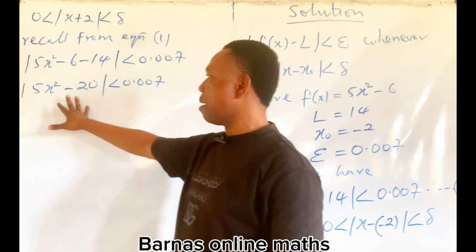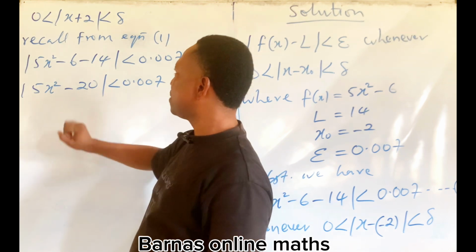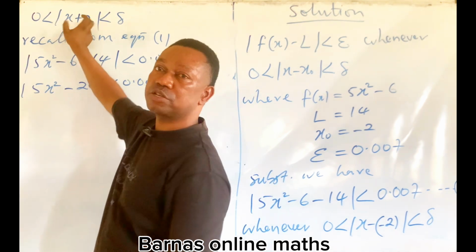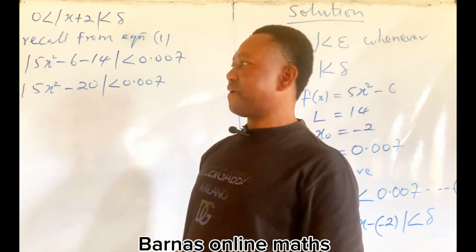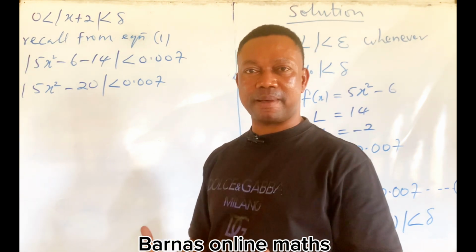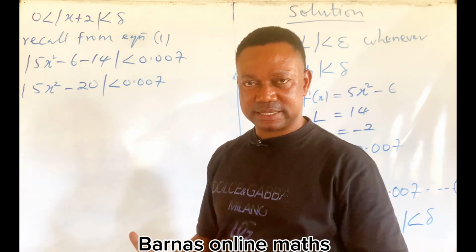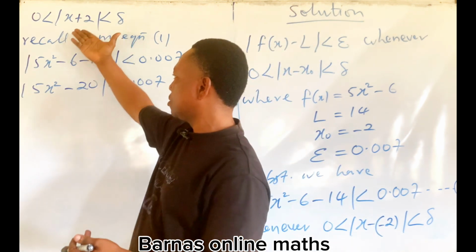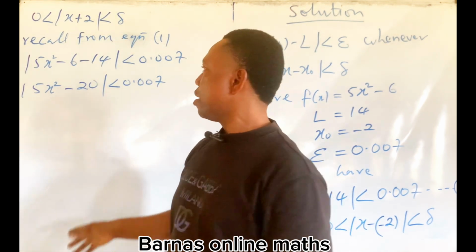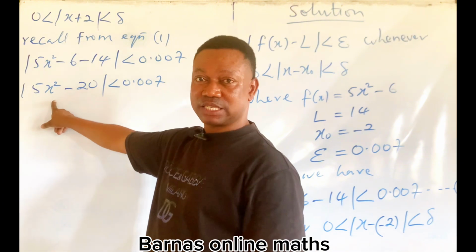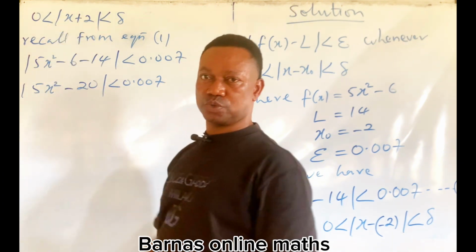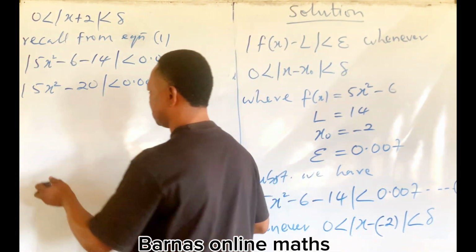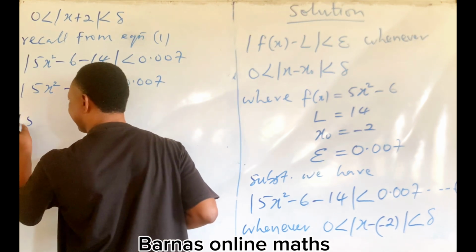Next is to transform this function to be a function of x plus 2. In fact, our target is to transform the variable x from what was given. So if we transform this x to be a function of x plus 2, we are going to have this be the modulus of 5.